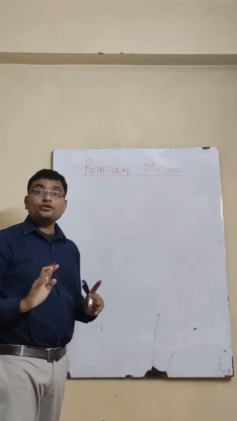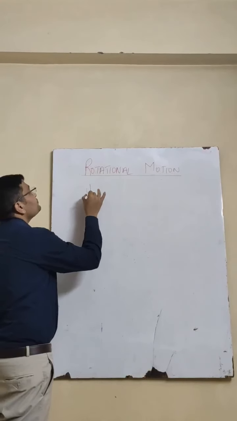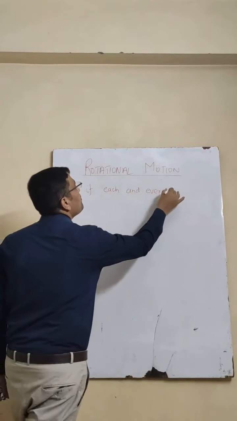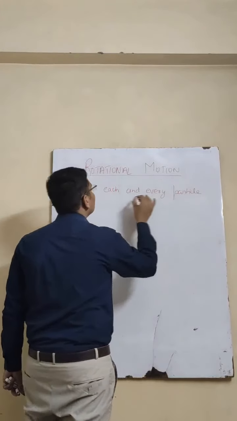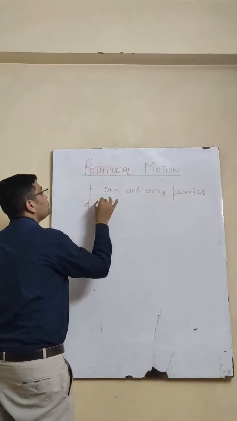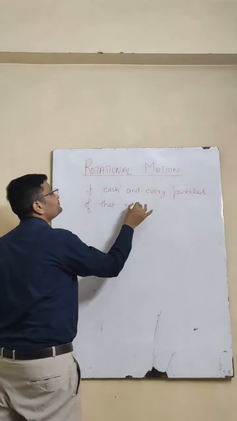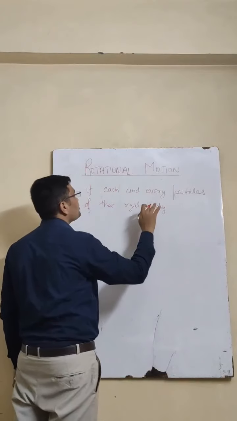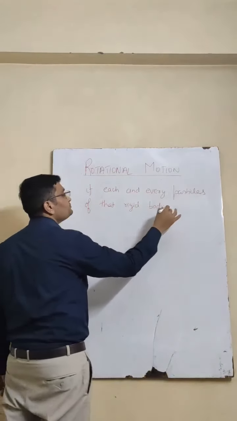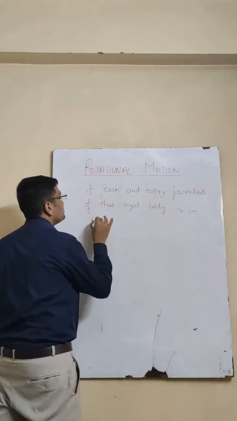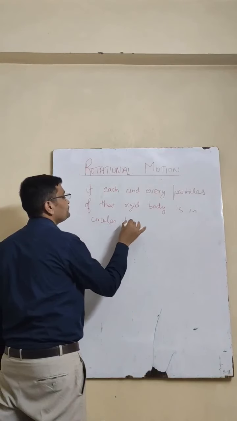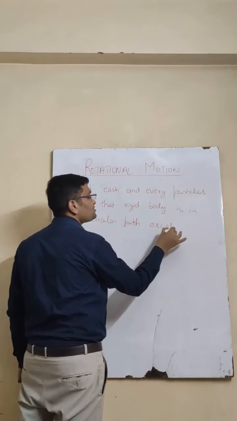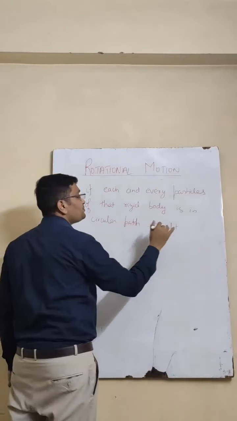A body is said to be in rotational motion if each and every particle of that rigid body is in a circular path, except a single particle.